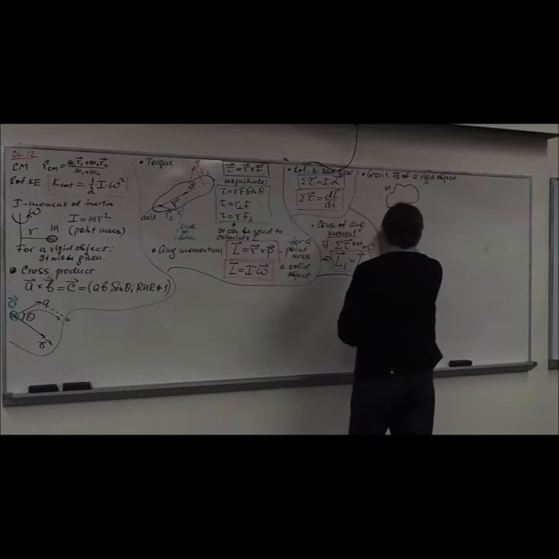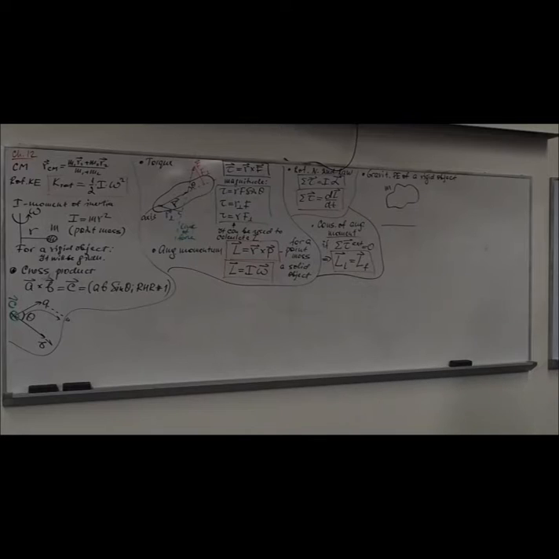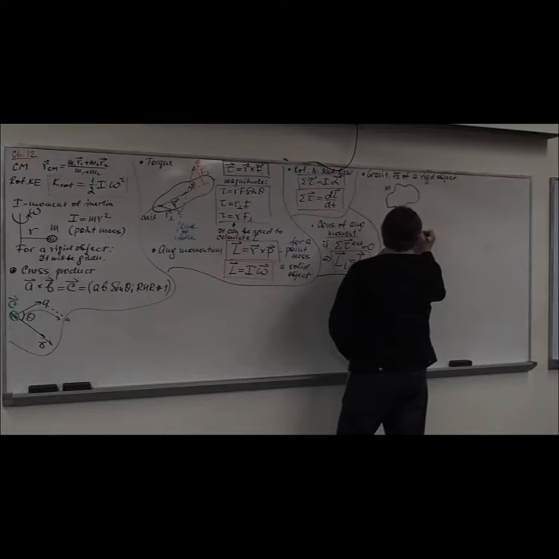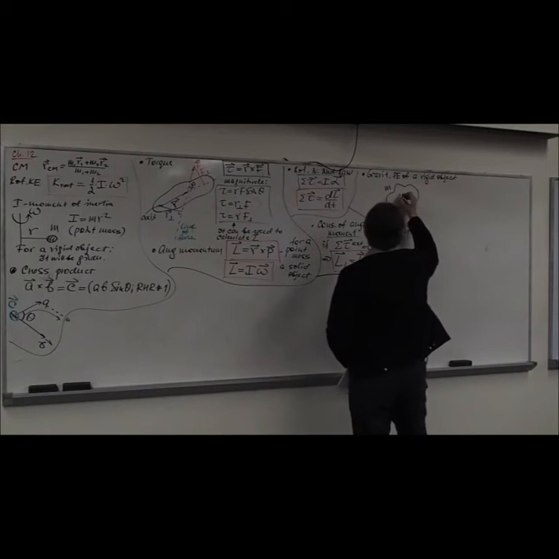And remember, every time you deal with gravitational potential energy, you need to show where your reference level is, where your gravitational potential energy equals 0. So let's say this is my U equals 0 reference level. Then you just find the center of mass point, CM.